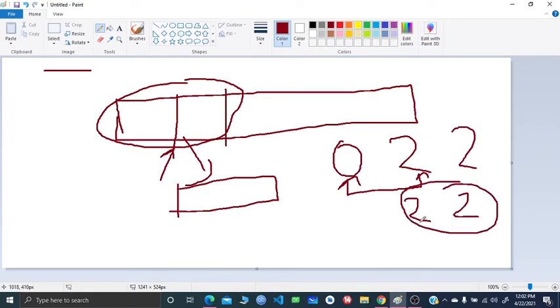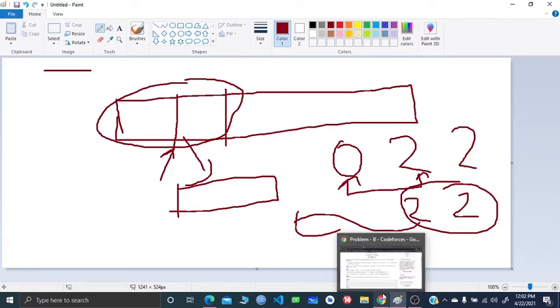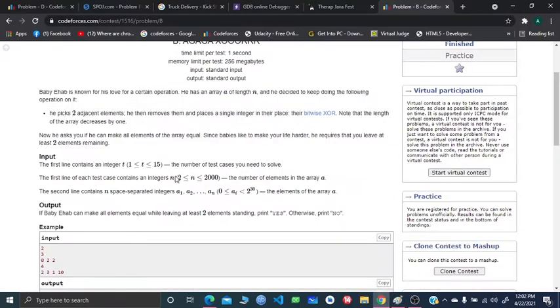So you can see that 2 elements are equal, so you have to find some way to make it possible. Also, one thing to notice, if you look at the constraint here, n is not more than 2000, which means there is a possibility you could do some kind of n² solution, or maybe some kind of brute force.